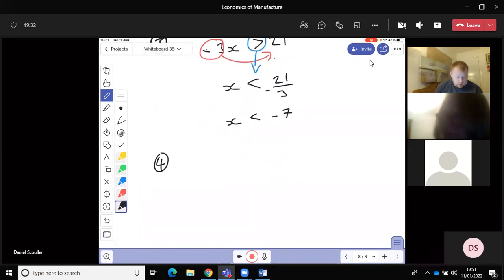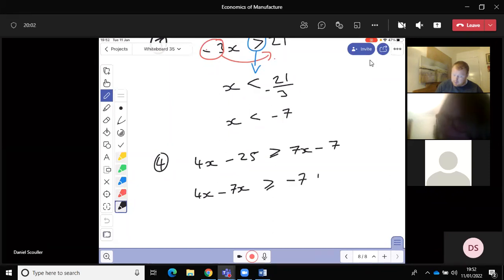Slightly more complicated then. 4x minus 25 greater than or equal to 7x minus 7. Want to move the x's over to the one side, it's 4x minus 7x. Positive on the right hand side becomes negative.